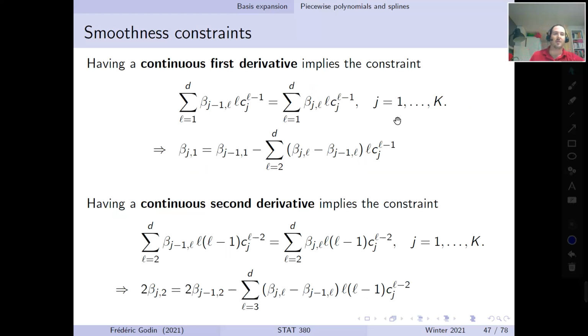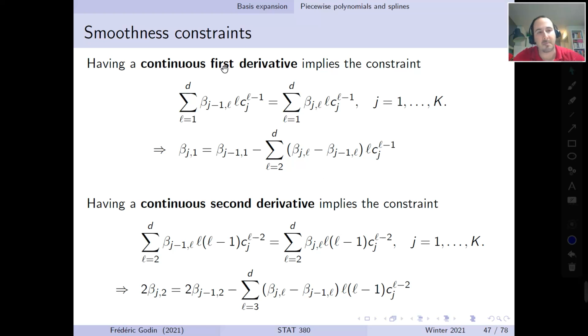Okay, so for the first order derivative, the constraint becomes this, and now the summation starts at 1. With this constraint, once again we can isolate the first term of the right-hand side. The first order term here is beta j1, and this is equal to beta j minus 1, 1, the first term, minus the summation: if we take all terms on the right side starting at l equal to 2 and throw them on the other side, we get this new summation.